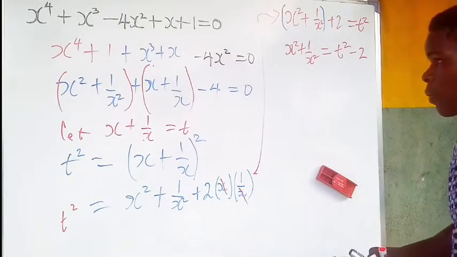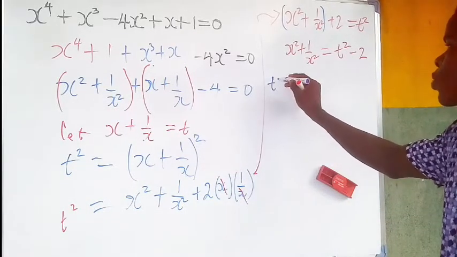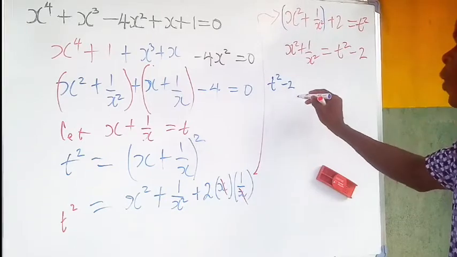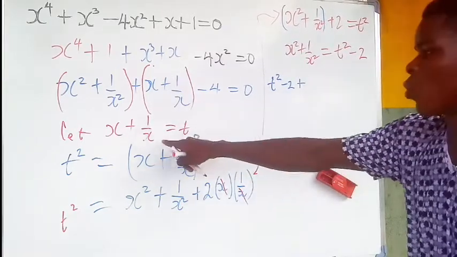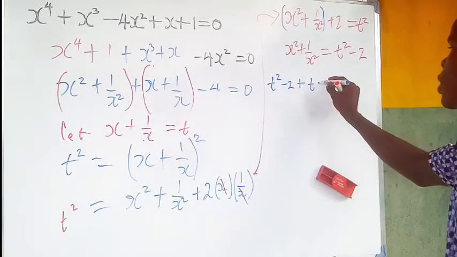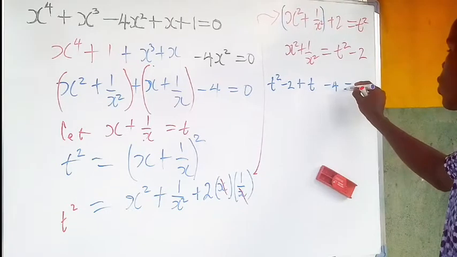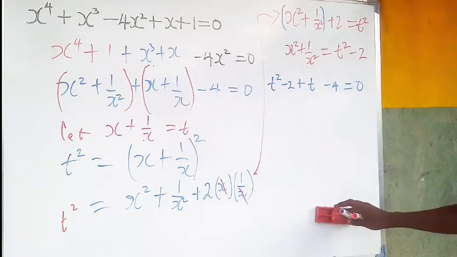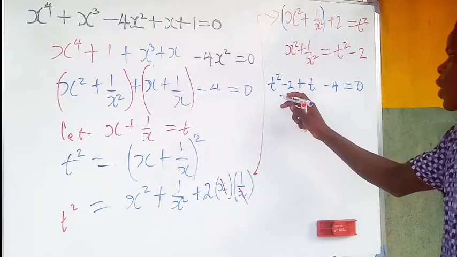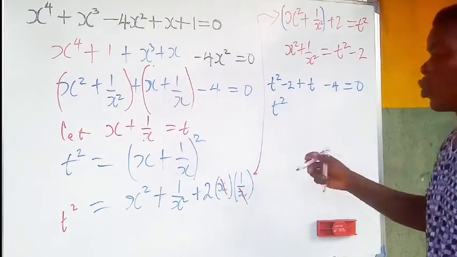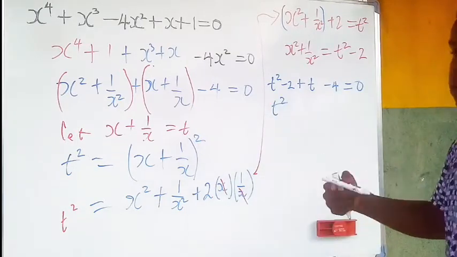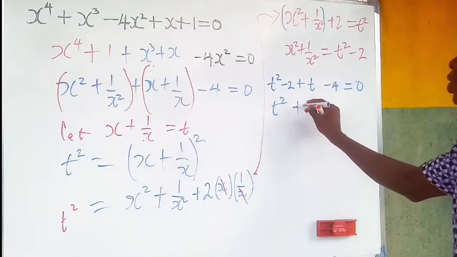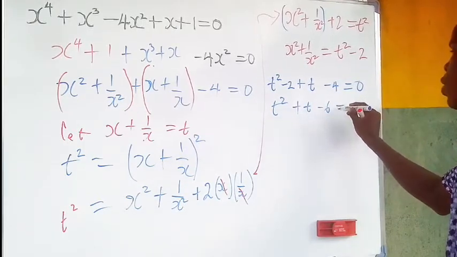That becomes t squared minus 2, plus this alone was t, plus t, minus 4 equal to 0. Rearranging, you have t squared plus t minus 6 equal to 0.